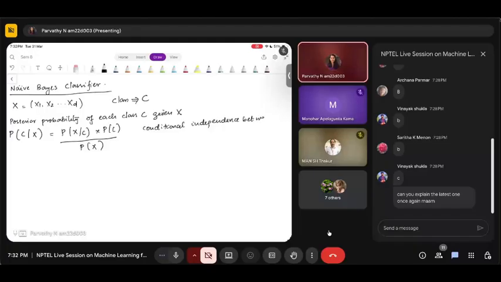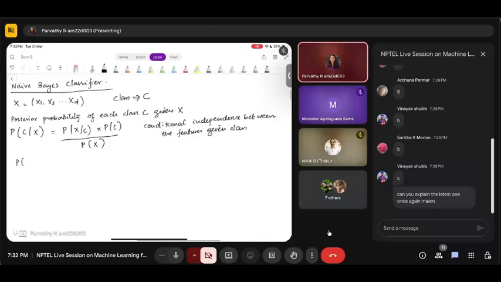Here the naive assumption is that there is conditional independence between the features given class. That means that for this probability of x given C, if we say there is conditional independence, then we can write it as a product, right?